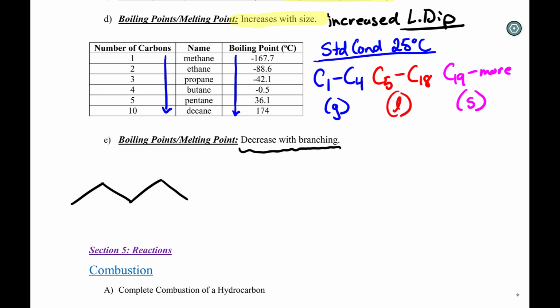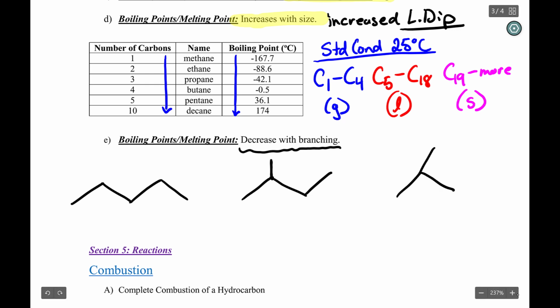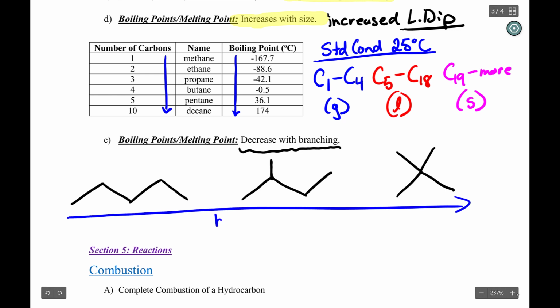This would have a higher boiling point than our 2-methylbutane, and this would have a higher boiling point than our 2,2-dimethylpropane. So as I move this direction, branching increases. There are more branches, and when I increase the number of branches, I decrease the boiling point.